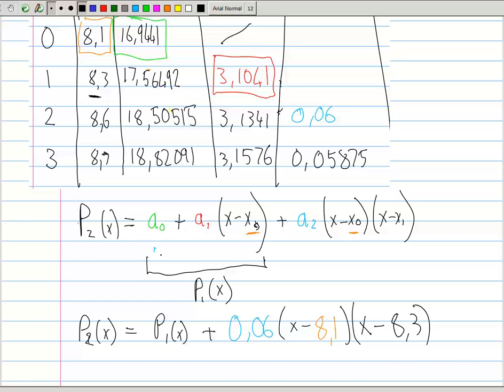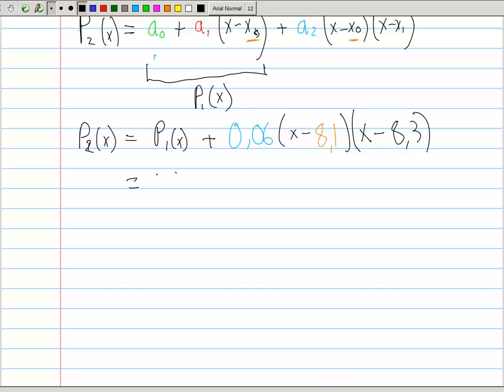That's our x1. And if we plug in and calculate for our value there, you get 17.8773 approximately.